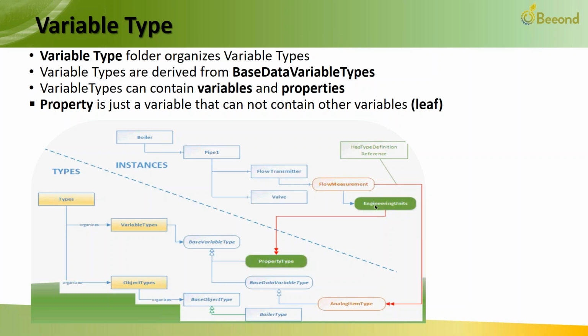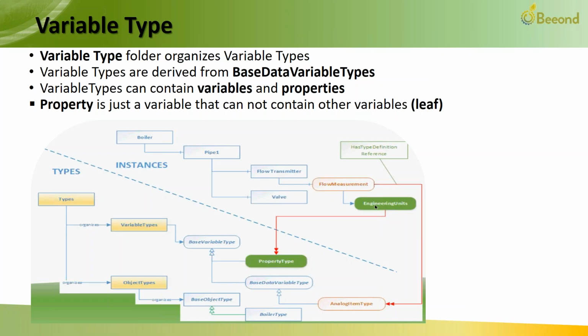A unit of measure is a property. A high limit might be a property. That's likely not to be changed. Doesn't mean that it can't. It could be changed at runtime, but it's just not.